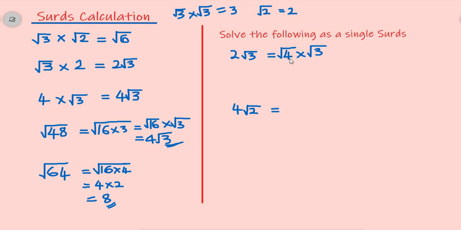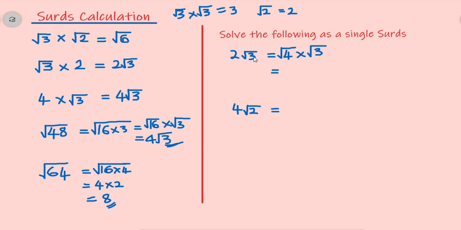It was this that we simplified to arrive at this. But at times they may want to test if you really understand it by giving you this to solve as a single surd. This 4 is a perfect square. When you solve this 4, the square root of 4 is 2. Then you have 2 root 3.